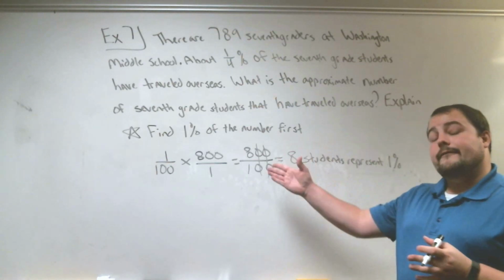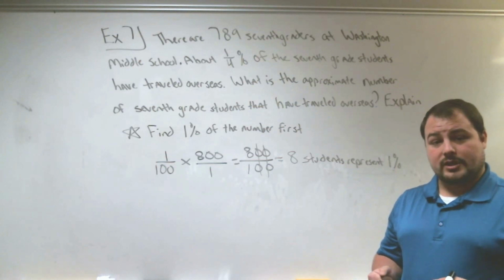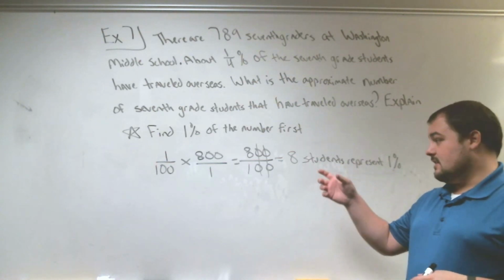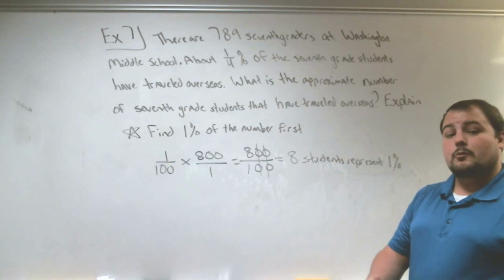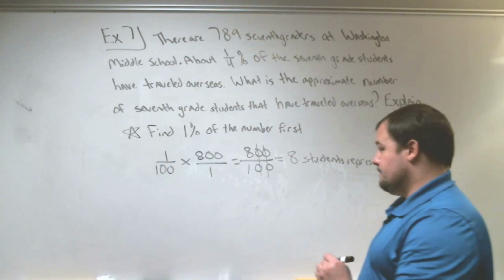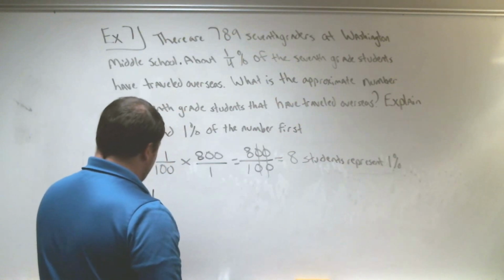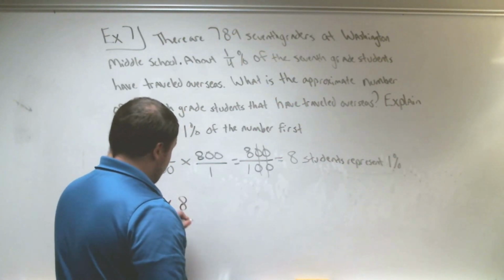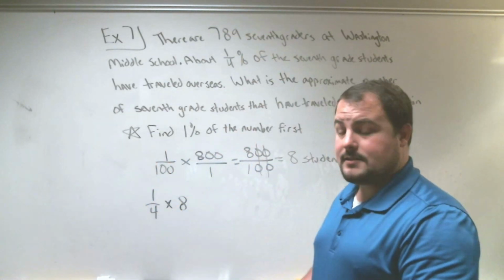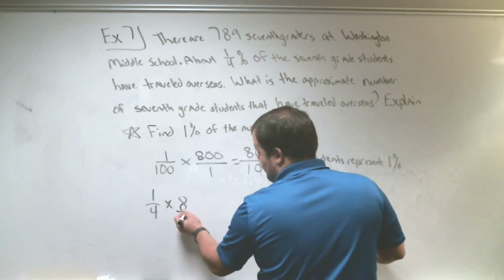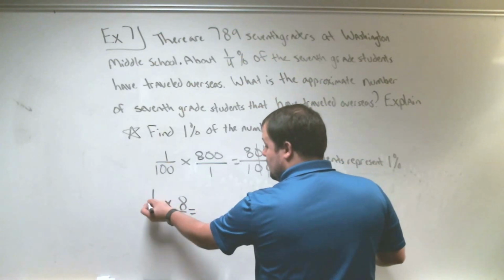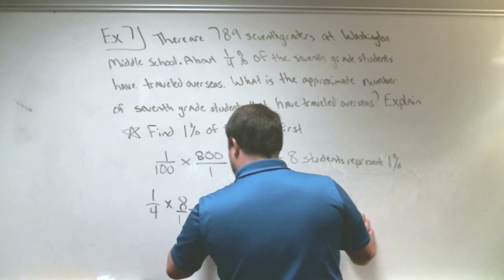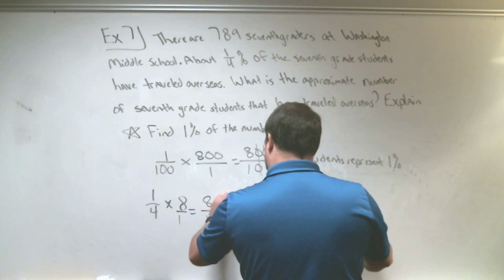I want to know what 1/4 of a percent of the students are doing. So now that we have 1%, which is 8, we're going to multiply it by 1/4. So we take 1/4%, and we times it by our 8 students, which represent 1%. 1/4 times 8, I'm going to put 8 over 1. 1 times 8, that's 8. 4 times 1, that's 4. 8 divided by 4 is 2.